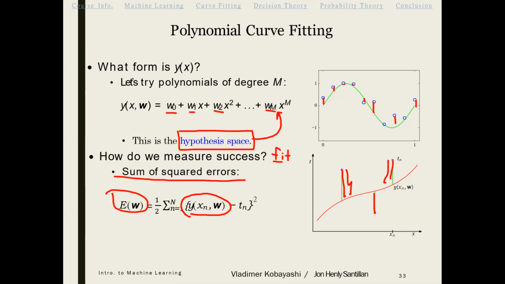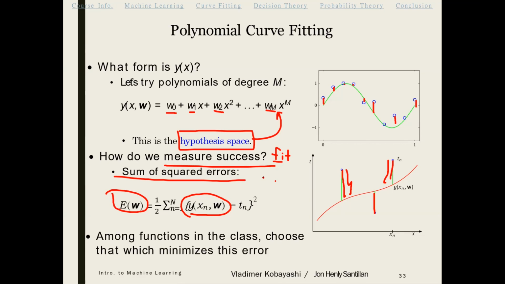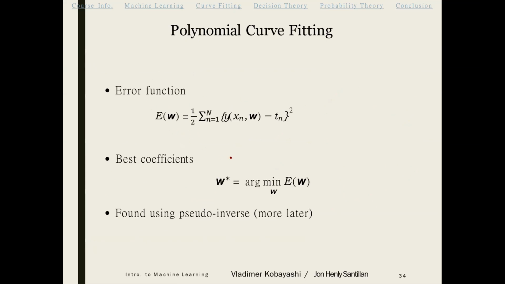So that's why it's important to measure success, which is the fit. Okay, among functions of the class, choose that which minimizes the error. Okay, hence we want to minimize the error. No, because the higher the sum of squared errors, the poorer fit we have. So these are the error function. This is the best coefficient. So the best coefficient is the coefficient that will give us the smallest sum of squared errors. And we can find actually this using a pseudo inverse.